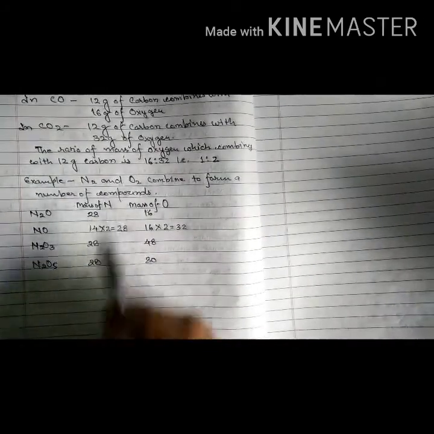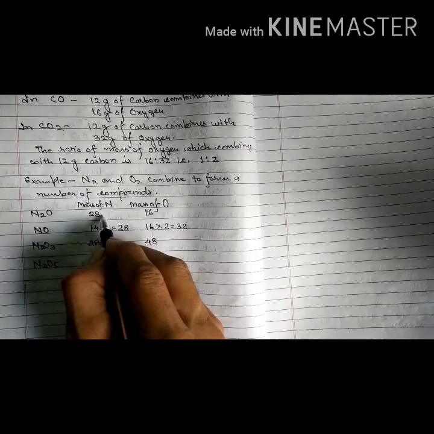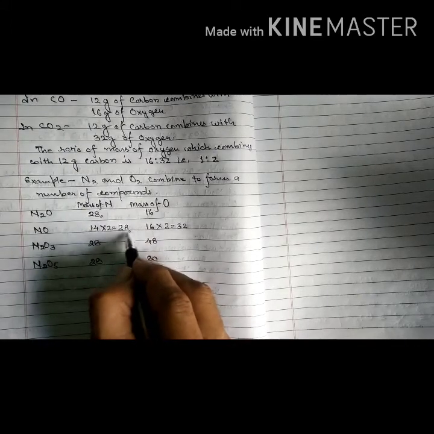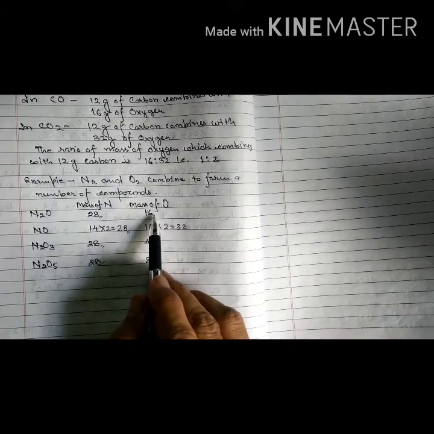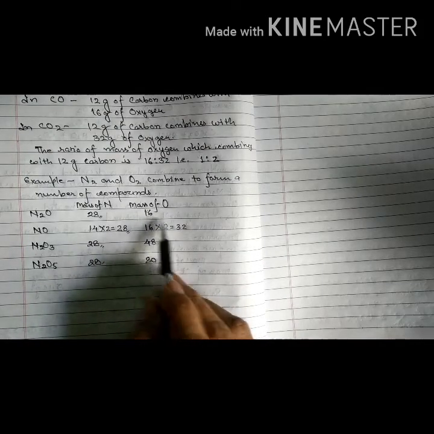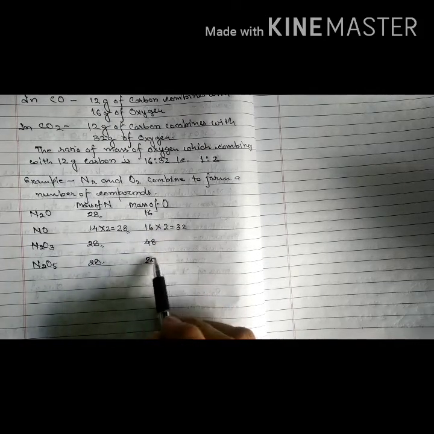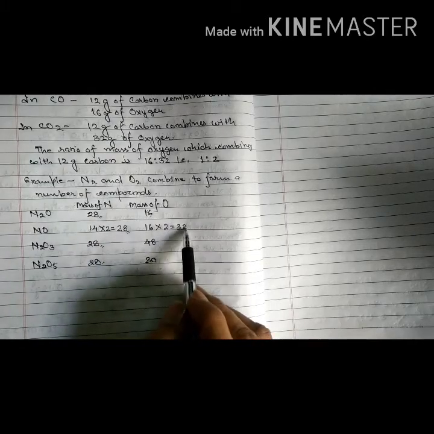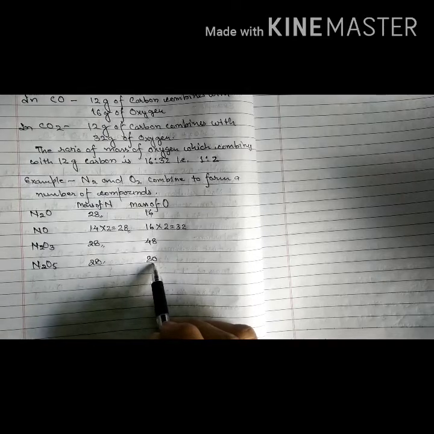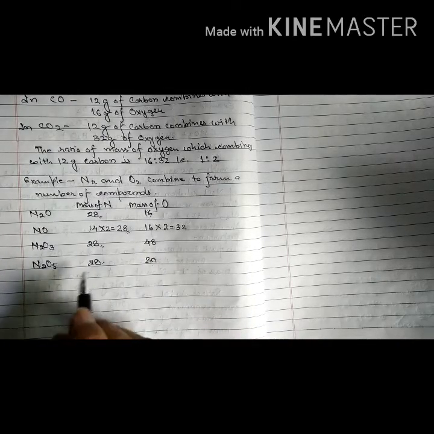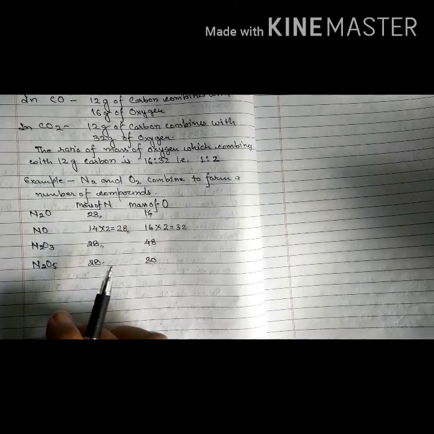Now we can see a fixed mass of nitrogen, that is 28 gram, combines with different masses of oxygen in a whole number ratio, that is 16, 32, 48 and 80. So mass of oxygen combined with 28 gram nitrogen in different compound is 16, 32, 48 and 80 gram.